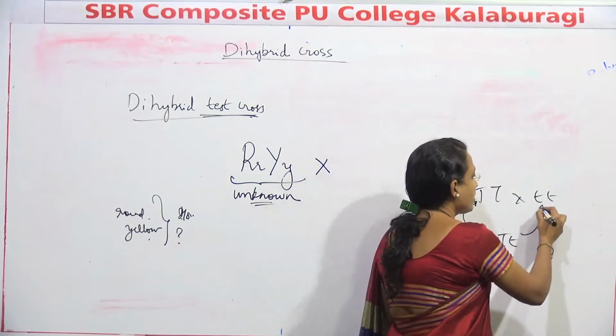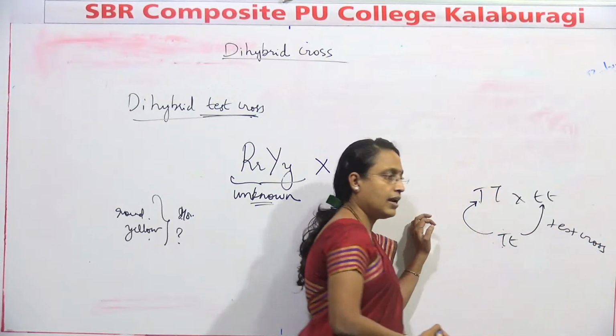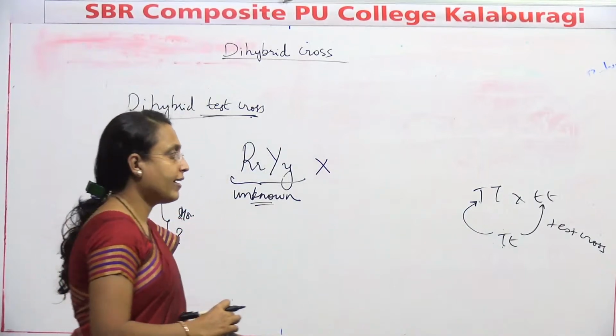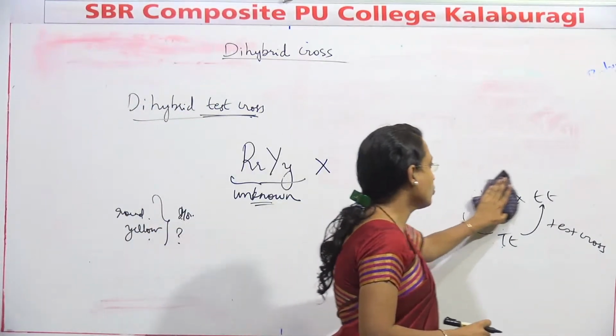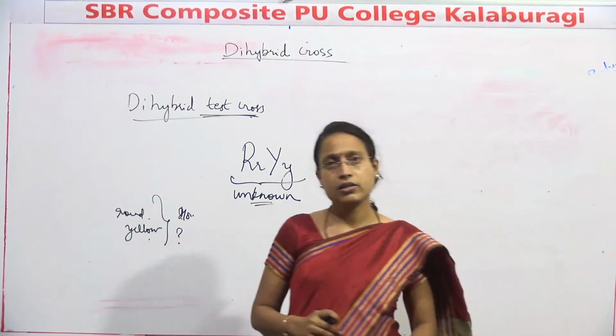And if it is crossed with the recessive parent, it is called a test cross. So he performs the test cross in order to detect the genotype, because a back cross is useful for obtaining a good variety of plants.